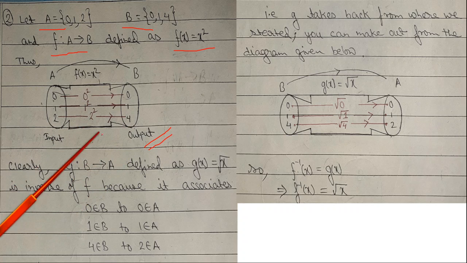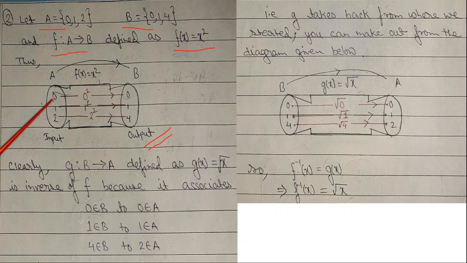Now the question is, what is that inverse? So the inverse will be from B to A. So f inverse will be from B to A, and what that inverse will do is, it will undo the action of f, or will take us back from where we started.